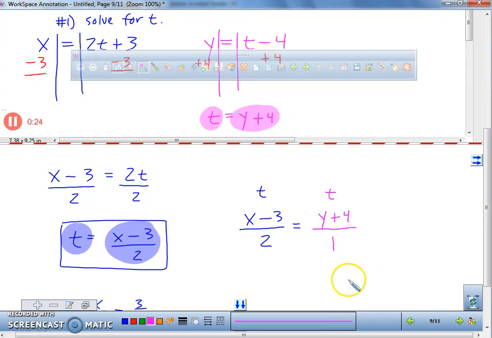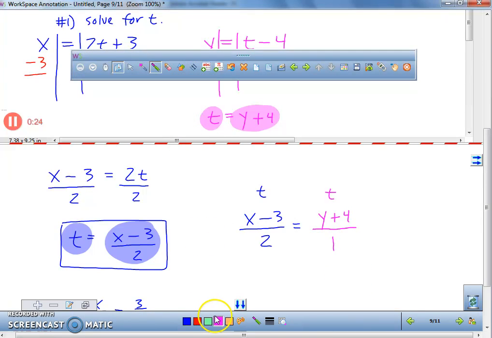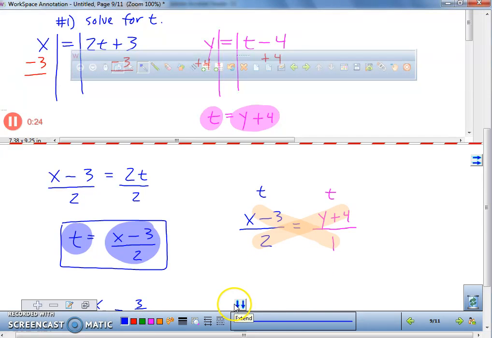The reason why I'm placing this over a 1 is that, in this particular case, I'm going to find its cross products. You're not always going to have to find the cross products. This one you need to. What is 1 times x minus 3? That's just x minus 3 equals 2 times what? y plus 4.